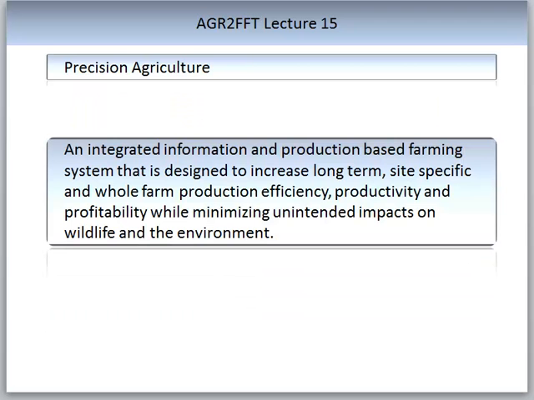A more technical definition is presented on the slide. PA can be thought of as an integrated information and production-based farming system that is designed to increase long-term, site-specific and whole farm production efficiency, productivity and profitability while minimising unintended impacts on wildlife and the environment.